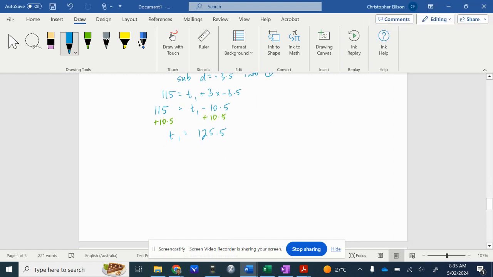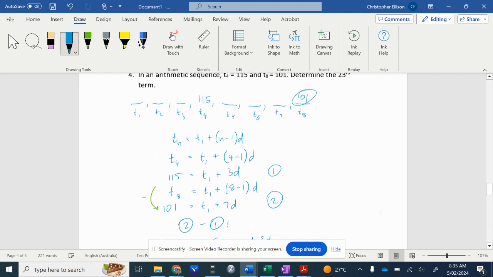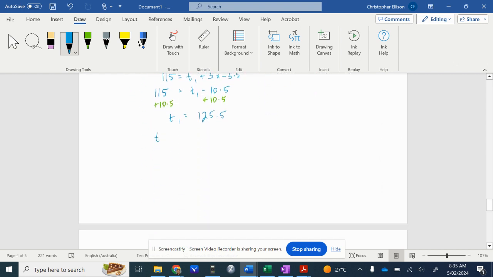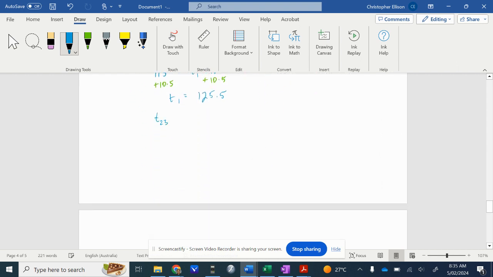Okay. And now what are we trying to find? The 23rd term, isn't it? So T23 is equal to T1. Well, hold on, I'll write the formula so you know where all this is coming from.